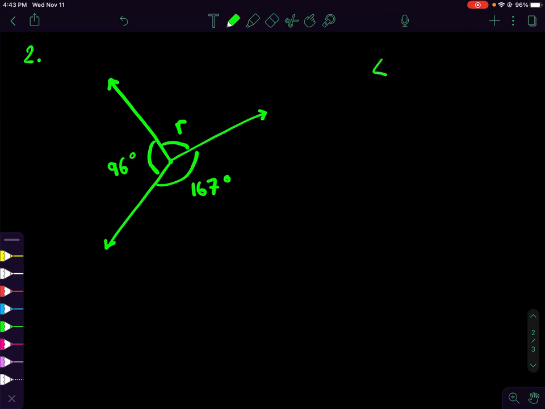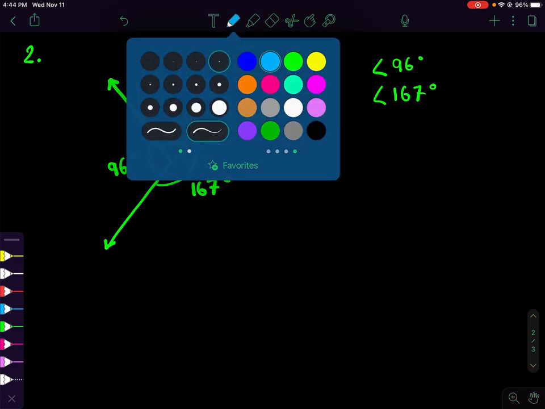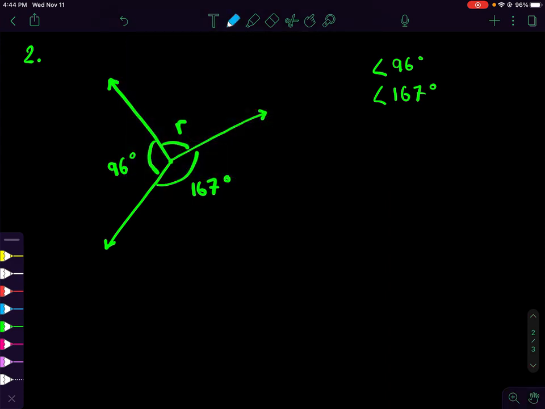We have the angle 96 degrees, angle 167 degrees, and I know the total number of angles around the point is 360 degrees.